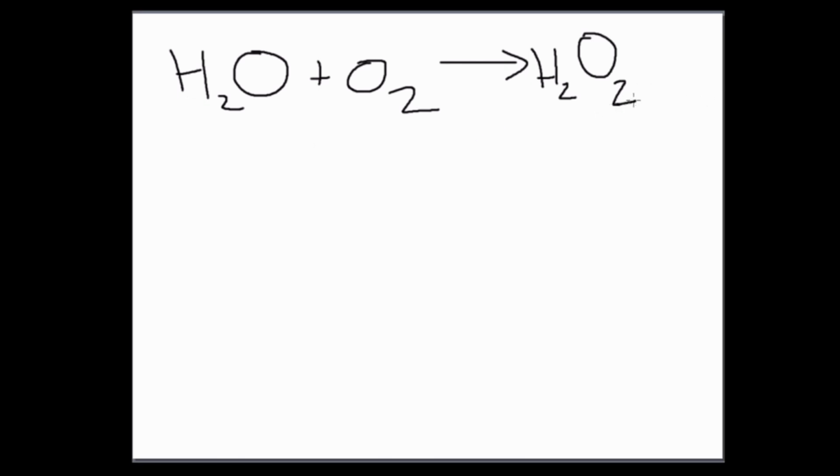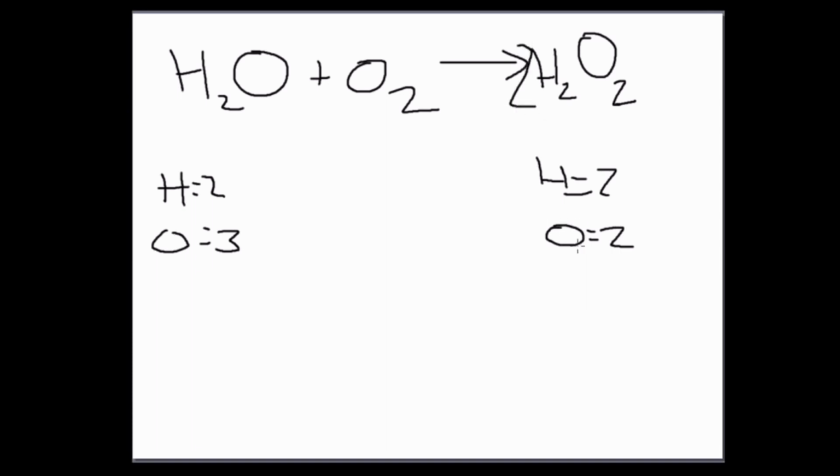So this is obviously not balanced because there's 3 oxygens versus 2, and then there's 2 hydrogens versus on this side you have 2 of each. So obviously if you want more oxygens, you're going to have to put a 2 there. And now you have 4 of each on this side.